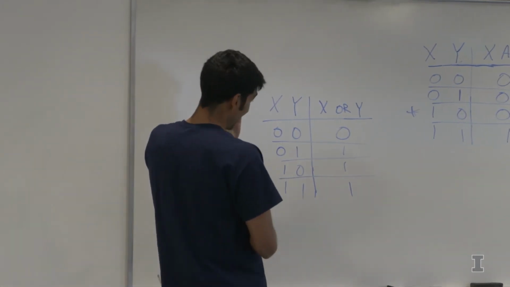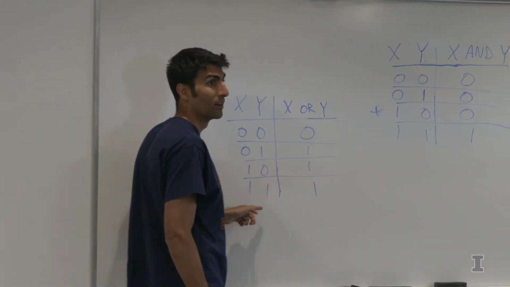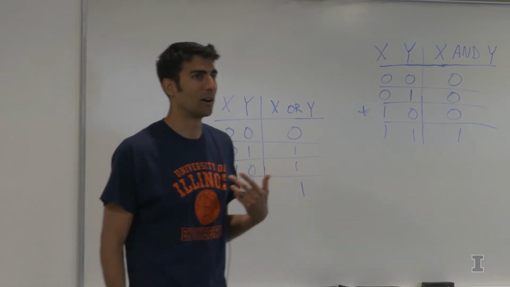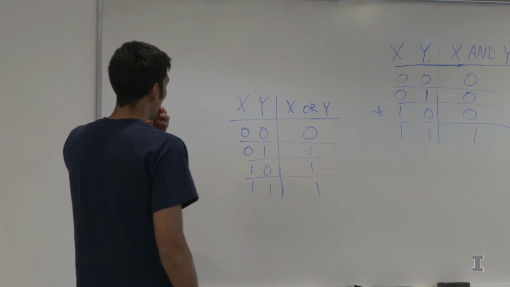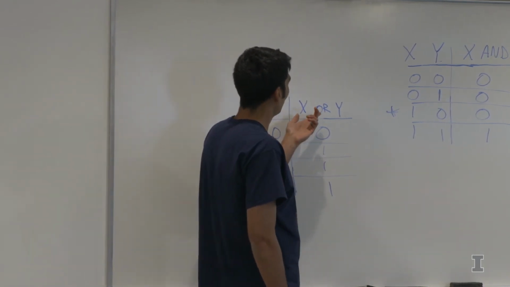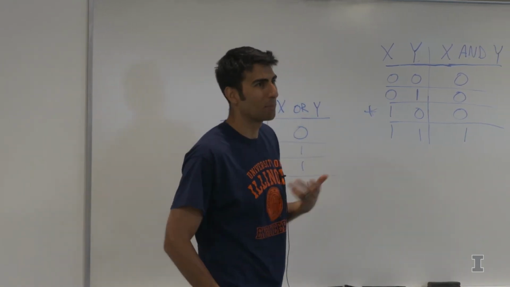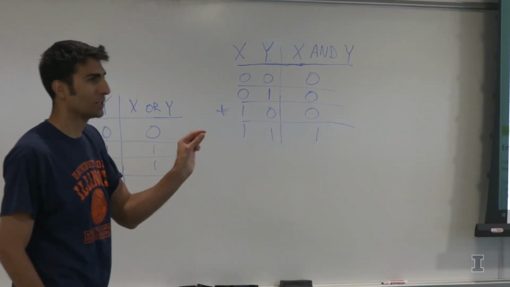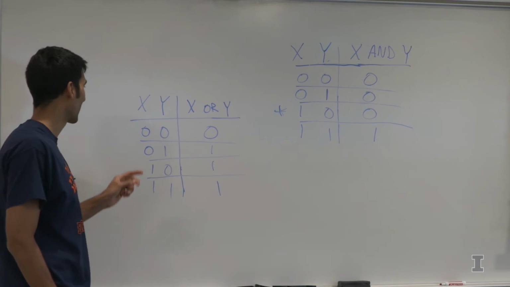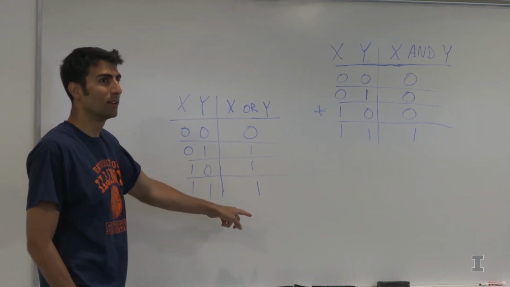So notice this final row here. This is where we deviate from everyday parlance. When we say, do you want an apple or a banana? We usually assume that you only give one answer. It's not like you get both of them.